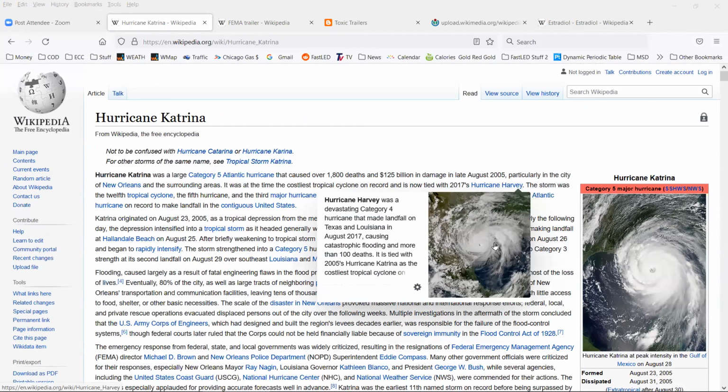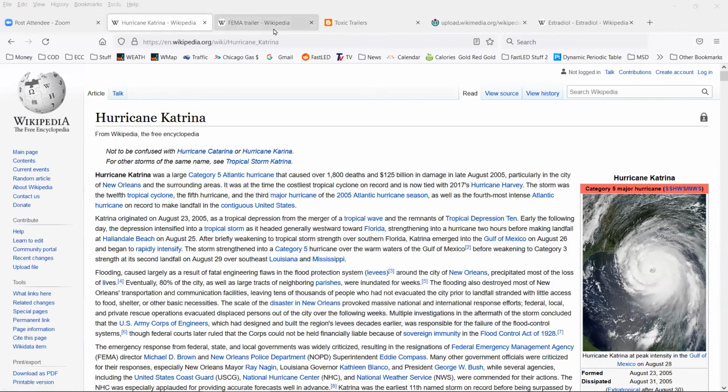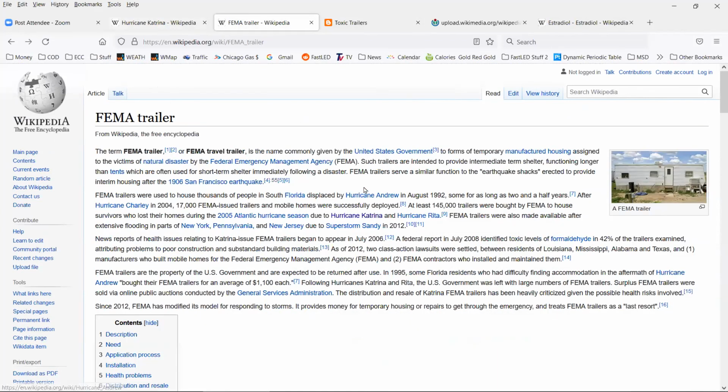And it was a category and hit Texas, Louisiana, and thereabouts. Now, what FEMA had to do, and you should see FEMA trailers, and here they had almost 150,000 trailers were bought. And it was quickly made by companies mainly in Indiana.